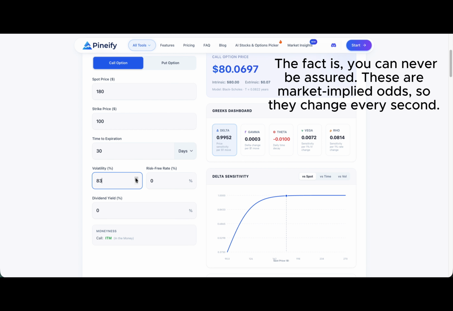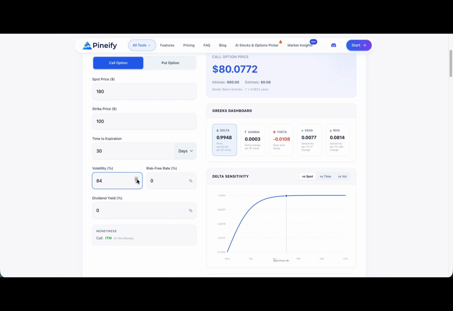That is also the reason why, if you see some textbooks, if you see other videos online, you will see that many traders use the delta as a probability of being in the money, the option ending in the money.